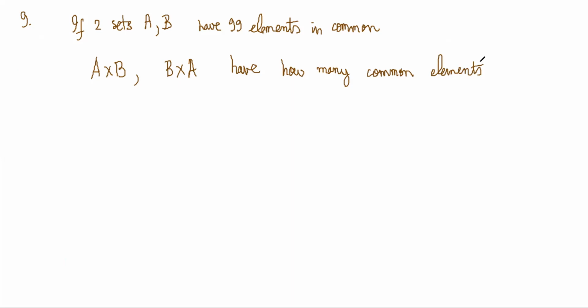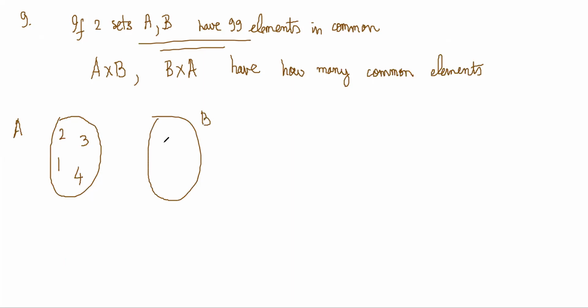The best way to do such questions and get an intuition is to take small cases. So take a small A, like 2, 3, 1, 4. This is A, right? And let's say B is 3, 4, 5, 6.